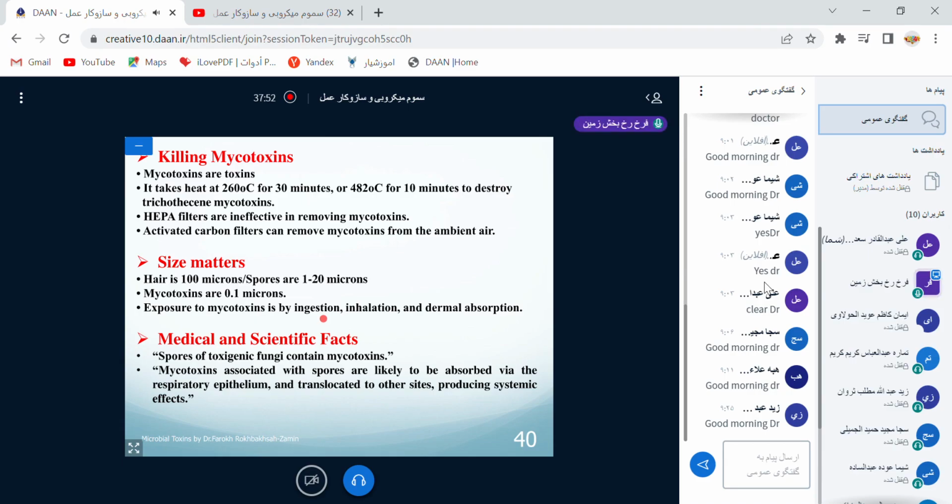So during breathing, during inhalation, those spores very easily can come to our lungs and then release their toxins, their mycotoxins, and then they penetrate our body and show their toxic effects.